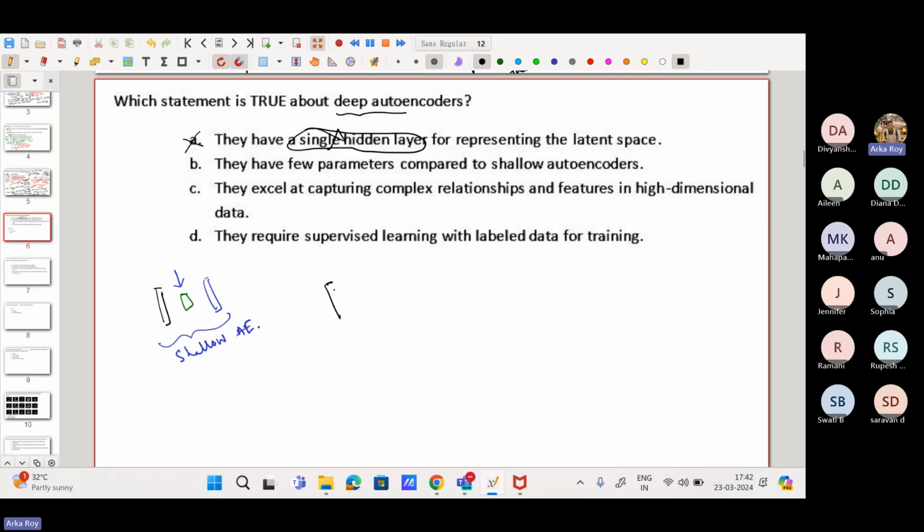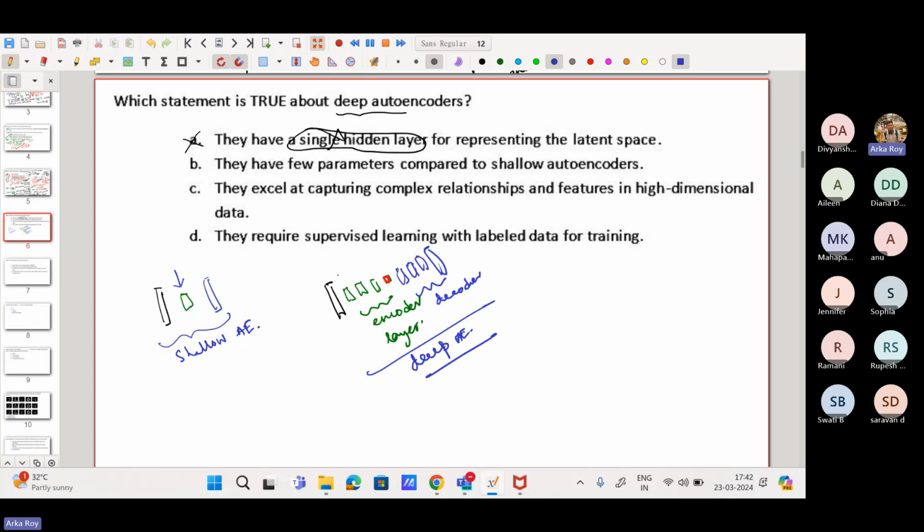However, by deep, what we mean is that you have several encoder layers, and let's say this one is your latent space, and then you have several decoder layers. So this is what you mean by a deep autoencoder.